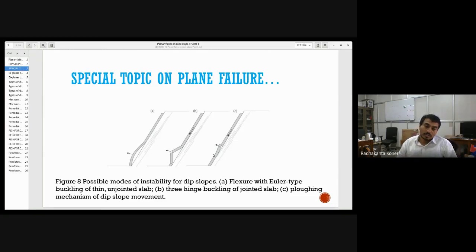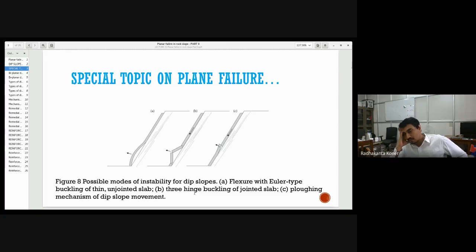So this kind of slope does not daylight the slope face. The number one consideration in our planar mode of failure is not satisfied in that sense, but other things are more or less satisfied, because the failure is along a planar surface, striking parallel to the slope face, and there is a visible discontinuity plane through which this failure is occurring.